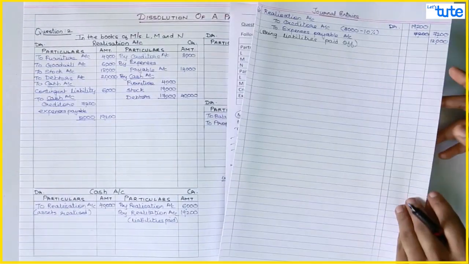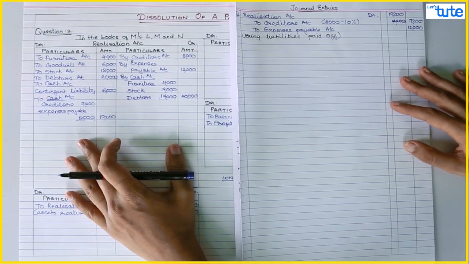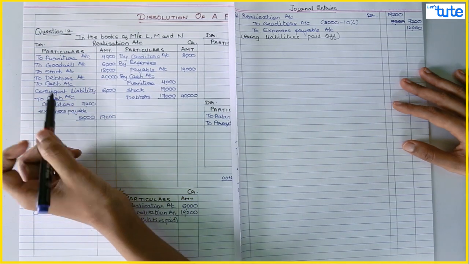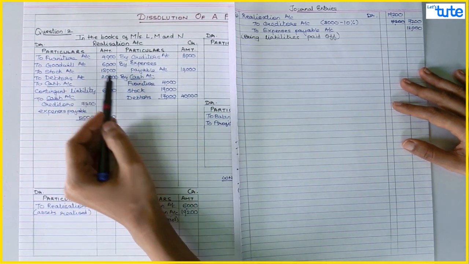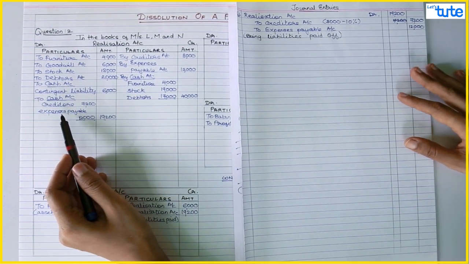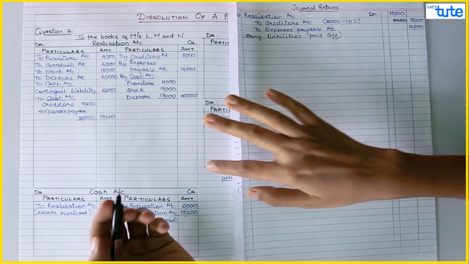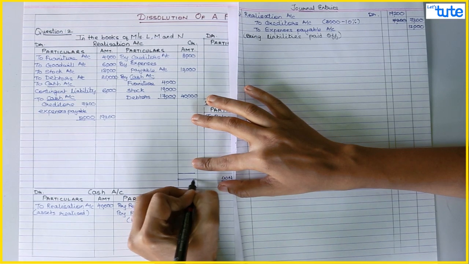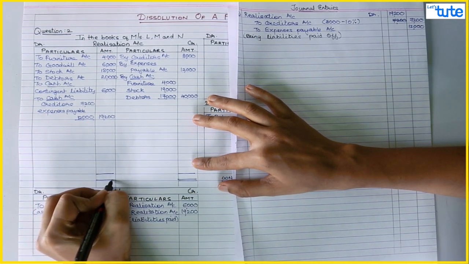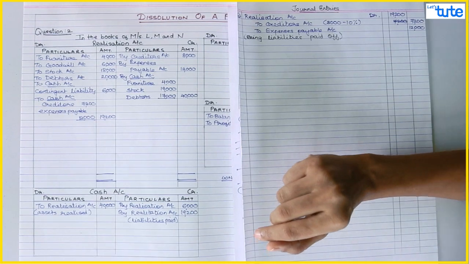So now first of all, we have done all the adjustment related to realization. We have transferred assets, transferred liabilities, realized assets, paid off the liabilities. There is no realization expenses or dissolution expenses. So first step is you close this realization account and find out profit or loss on realization.